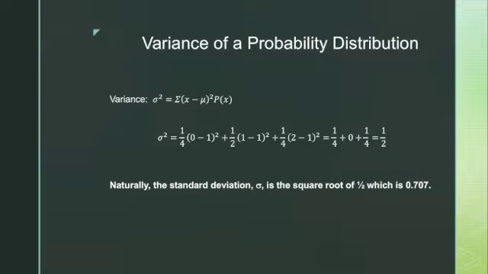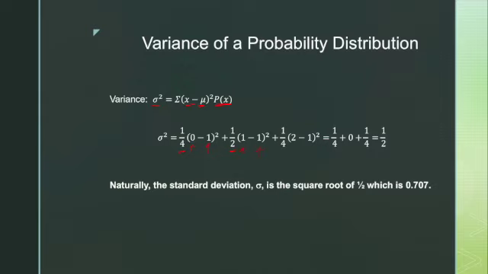To calculate variance, also denoted as sigma squared, which is our standard deviation squared, what we do is we take the sum of our x values minus the mean, squared, times the probability. So for getting 0 heads, 0 minus the mean of 1, squared, we multiply that by 1/4.